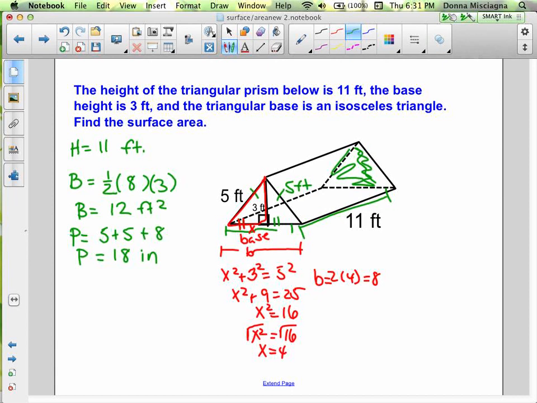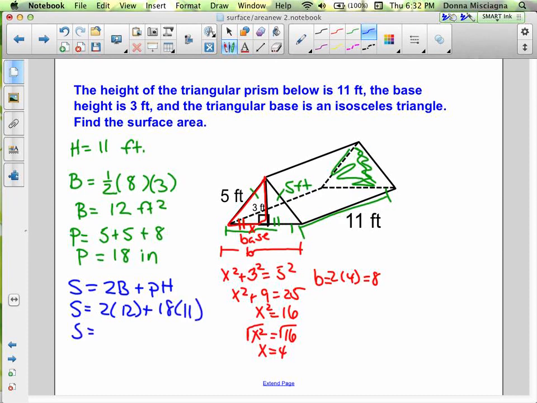So now to find the surface area, I'm going to switch colors here. This one is in your notes, so I hope you're taking good notes. It's going to be 2 times the area of the base plus the perimeter times the height. So that's going to be 2 times 12 plus 18 times 11.